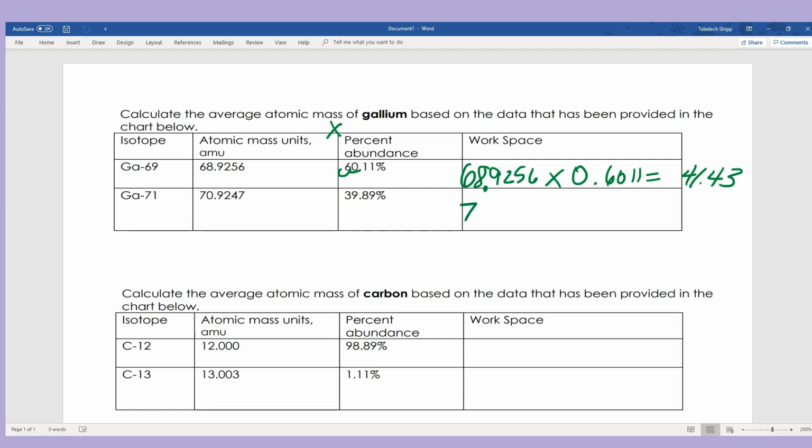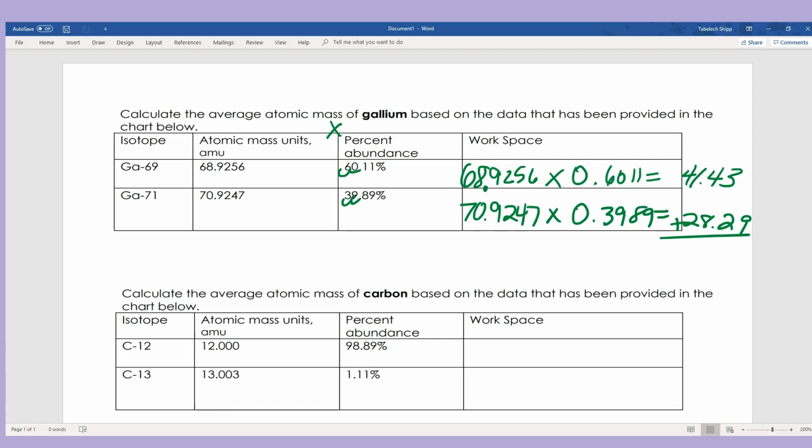You're going to say 70.9247 times 0.3989. Again, you have to move your decimal 2 places to the left, okay? And when you multiply those two numbers, remember, your answer must be in 4 significant digits. In this particular case, I would end up with 28.29.